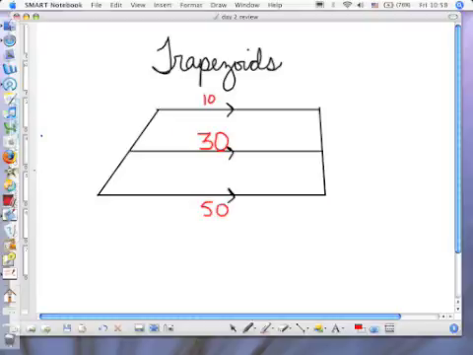All right? If this was 80, we'd add it together, divide by 2, we get 45. What's the difference between 10 and 45? 35. What's the difference between 45 and 80? 35. Now, how is that helpful to you?